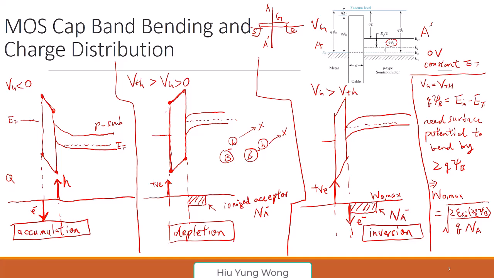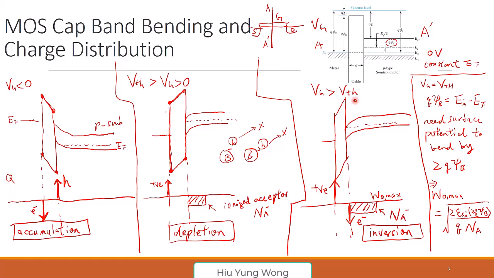I have a couple questions, Professor. On the case where the gate voltage was greater than the threshold voltage, you said that it became an n-type material, but an n-type material is when the Fermi level is greater than the intrinsic energy, right? You didn't draw that, right?